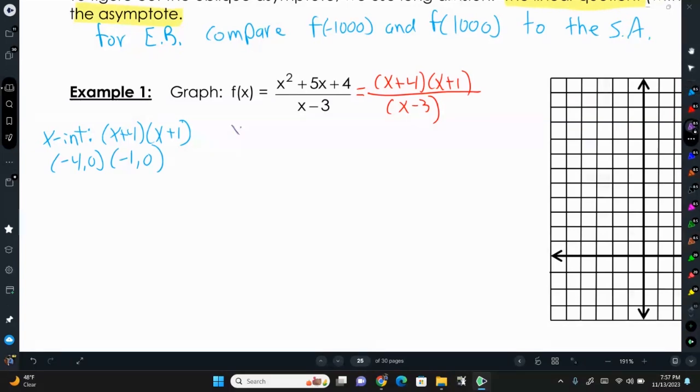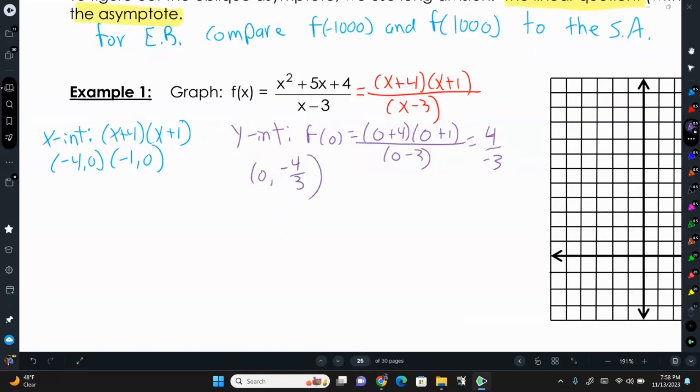Then the y-intercept is f of 0, which equals 0 plus 4 times 0 plus 1 over 0 minus 3, and that gets us 4 over negative 3. So our y-intercept is 0 comma negative 4/3.